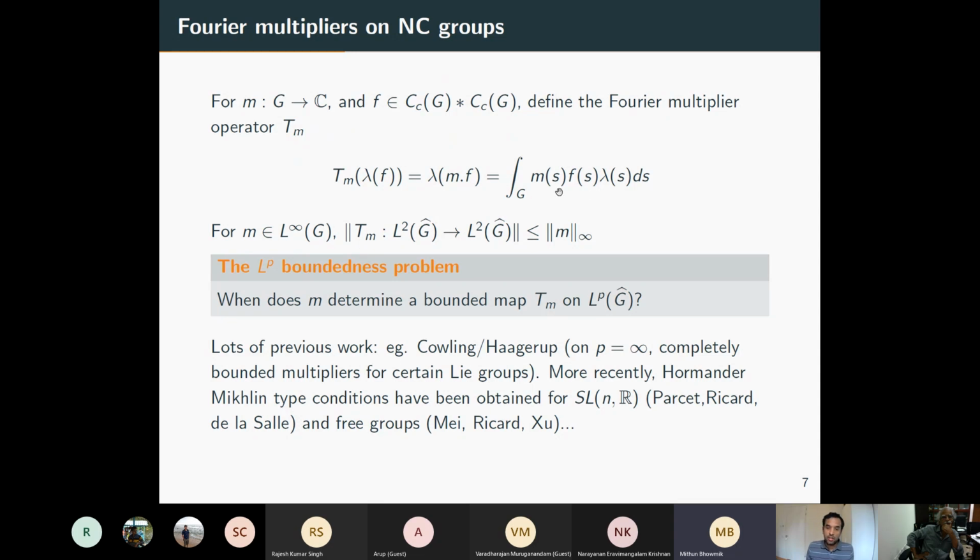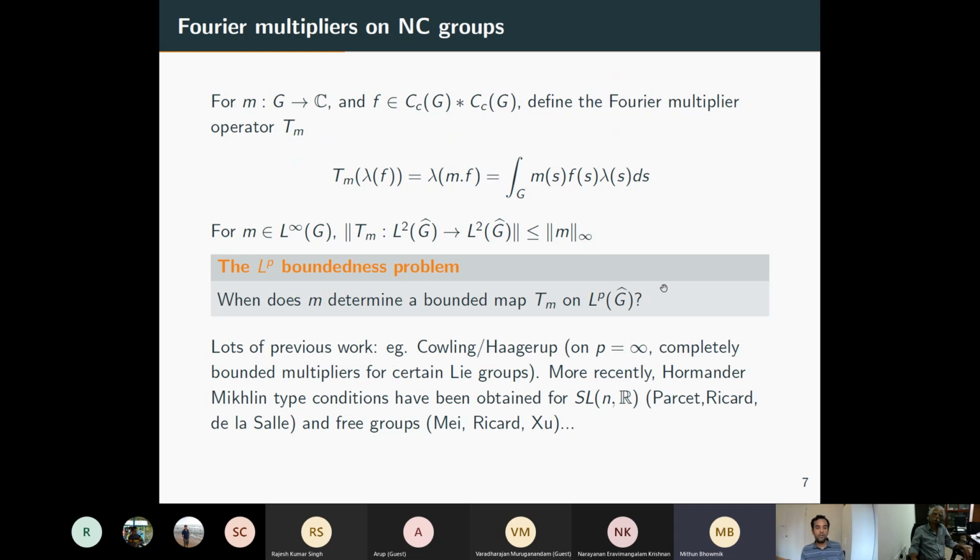Which can also be written as the integral of m times f times lambda. And from the Plancherel theorem, again, we get that if you have an L infinity function, then its L2 to L2 operator norm is in fact bounded by the L infinity norm of this function.